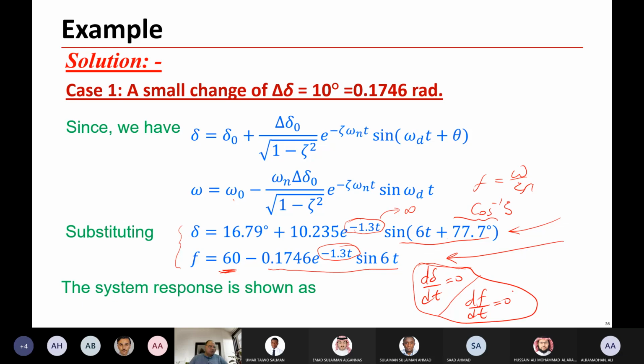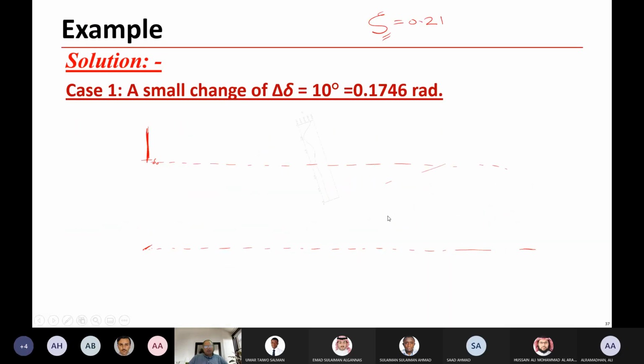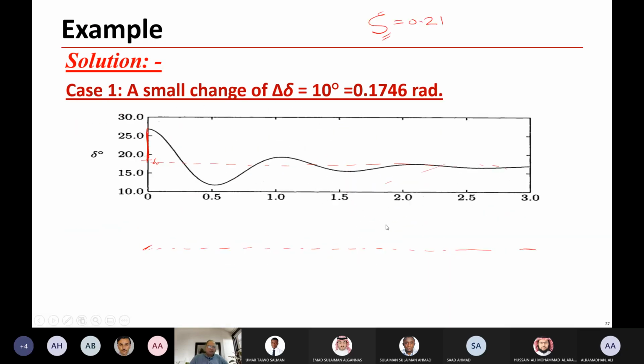Maybe if you want to get the maximum overshoot and the minimum undershoot, the differentiation will give you the minimum point and the maximum point. So you will get these points. Are these points significant? It could be if you want to calculate the overshoot.